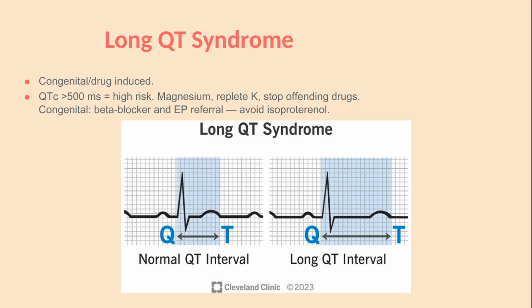Antiemetics, antipsychotics, methadone, macrolides, fluoroquinolones, and antifungals headline a long list, usually conspiring with hypokalemia or hypomagnesemia. Measure the corrected QT yourself rather than trusting the machine, and treat a value beyond 500 milliseconds as a red flag for torsade. Management is straightforward.